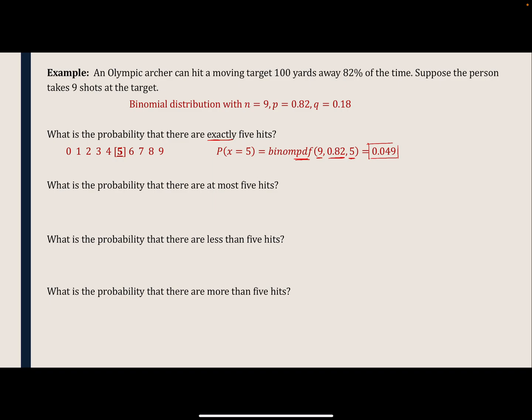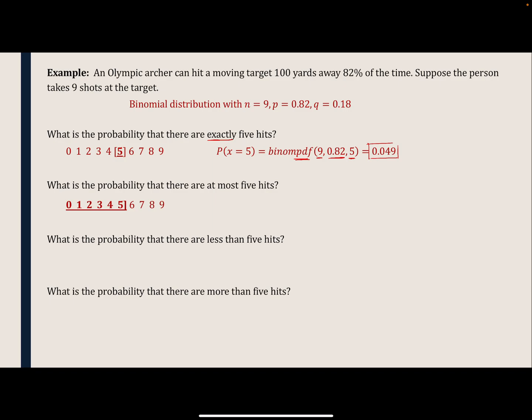For the next part, it says, what's the probability that there are at most 5 hits? Well, at most means 0 or 1 or 2 or 3 or 4 or 5, but 5 is the most. So we're looking at this range.